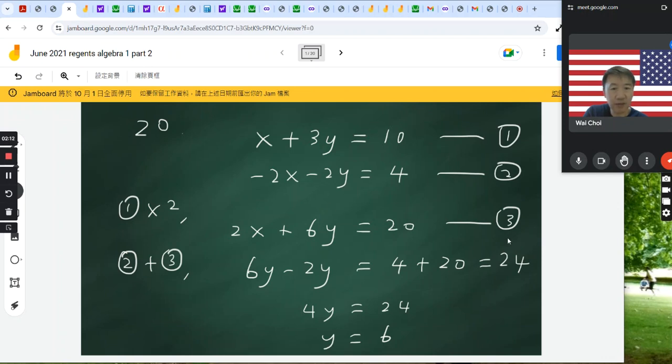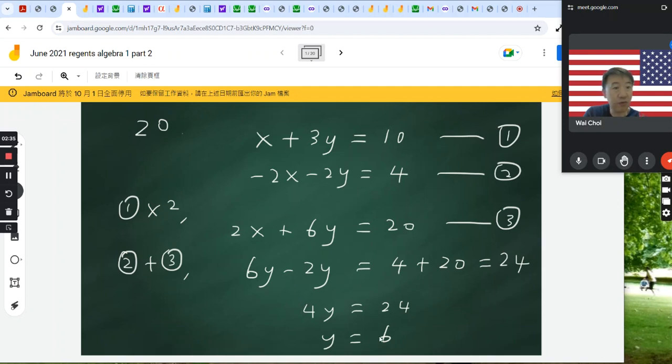That's equation 3. Then we add equation 2 to equation 3. Adding them together, the x terms cancel out, and you are left with 6y minus 2y. On the right-hand side, you have 4 plus 20, which is 24. So 4y is 24, y equals 6.